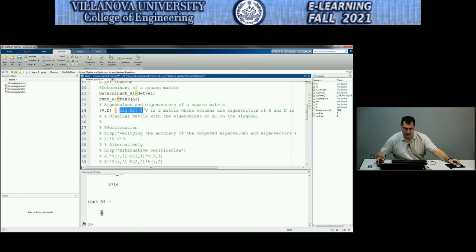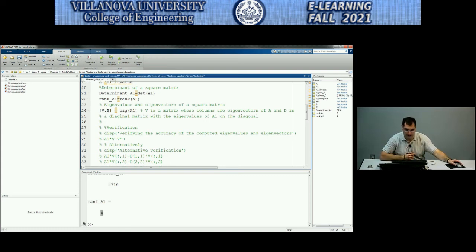If you just type EIG and hit enter, MATLAB will give you the eigenvalues. If you type something like this, MATLAB will give you a matrix V, whose columns are eigenvectors of the matrix A, and the matrix D, a diagonal matrix that has eigenvalues of A on the diagonal. So you get the complete picture of what the eigenvalues and eigenvectors are.